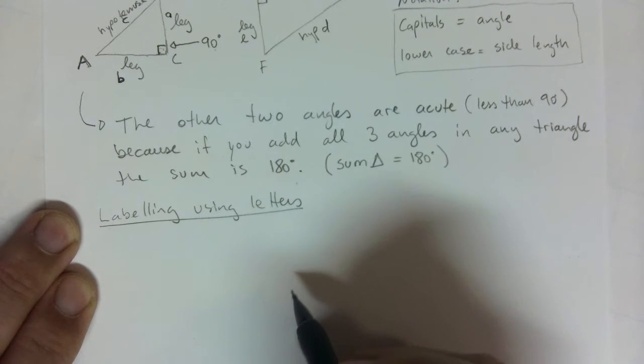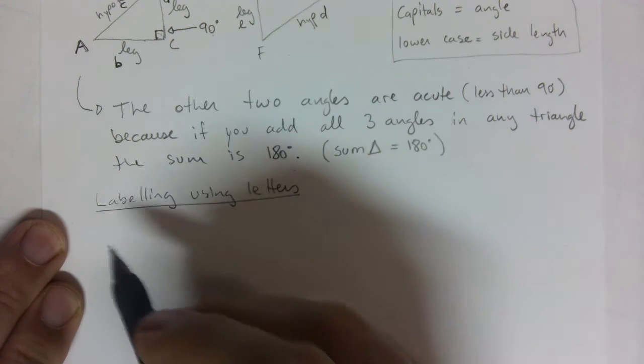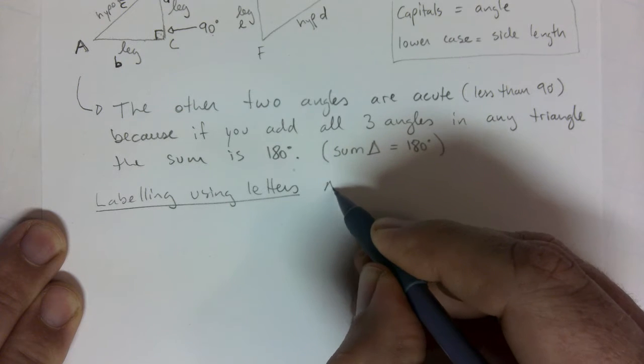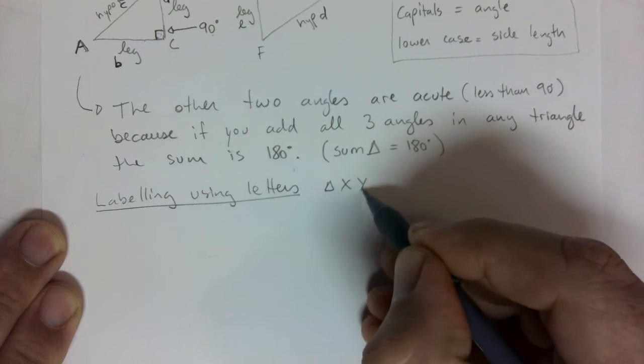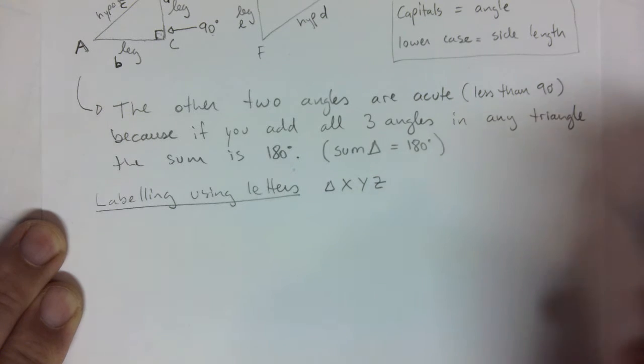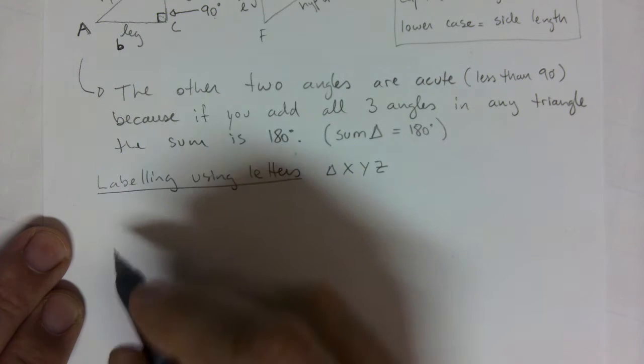Labeling using letters, okay? So if you have triangle X, Y, Z, let's say, right? It's like, hey, triangle XYZ, how would you graph it, okay?